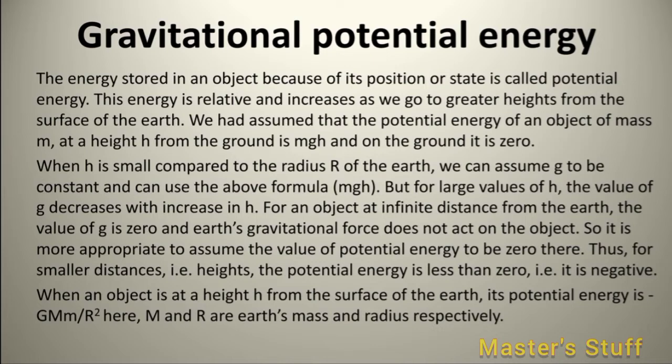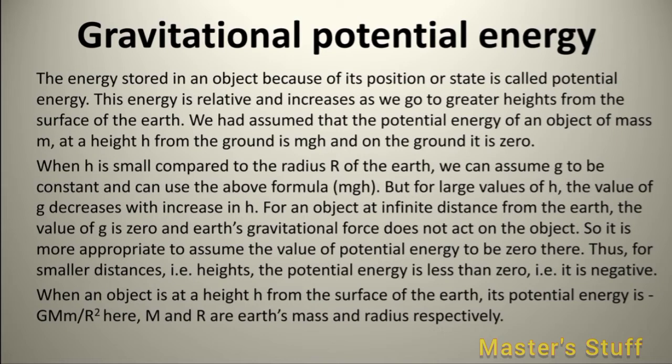Now, when h is small compared to the radius R of the earth, we assume g to be constant and can use the above formula, that is mgh. But for large values of h, that is when the values of h compared to radius of earth R are significantly large, then the value of g decreases with increase in h.